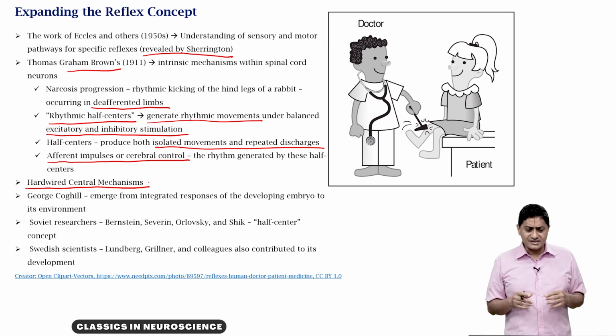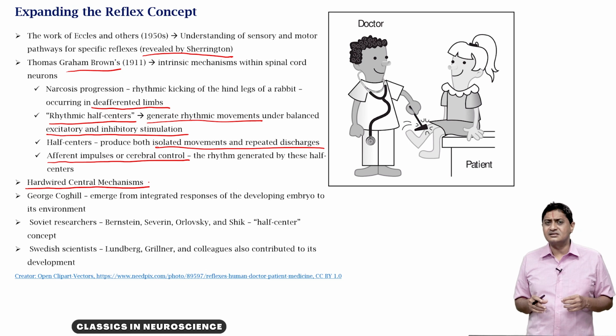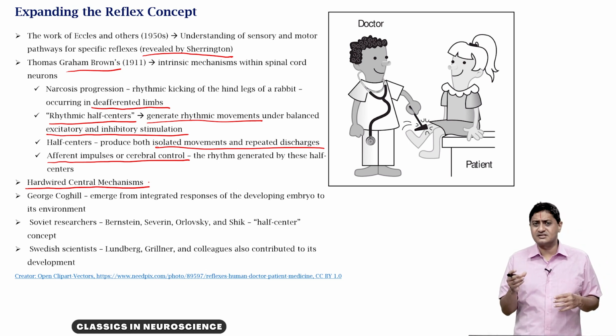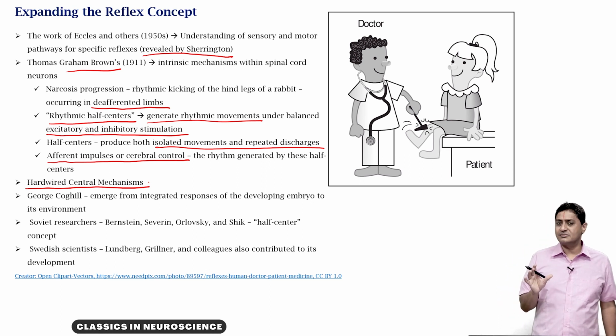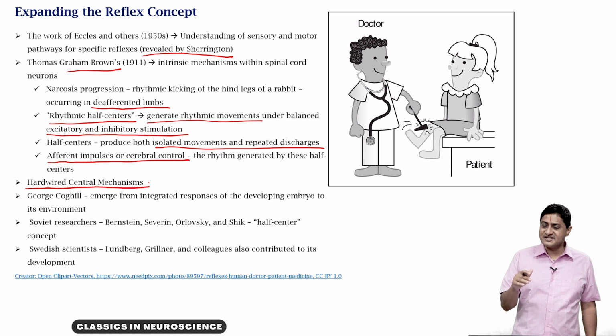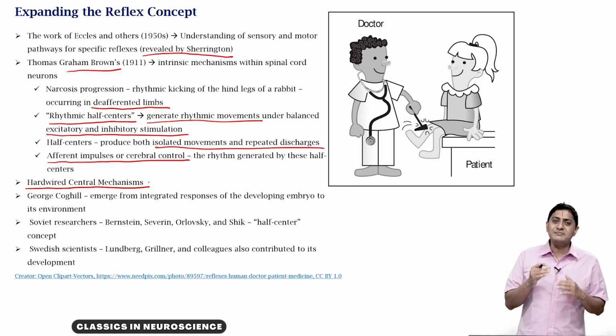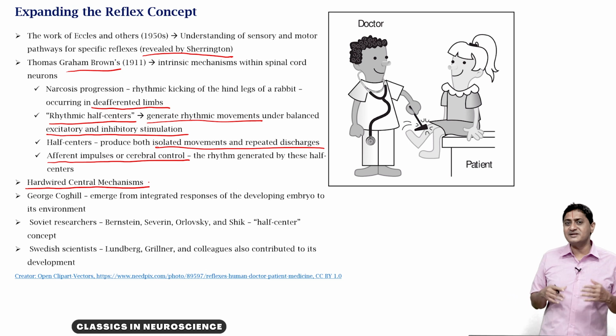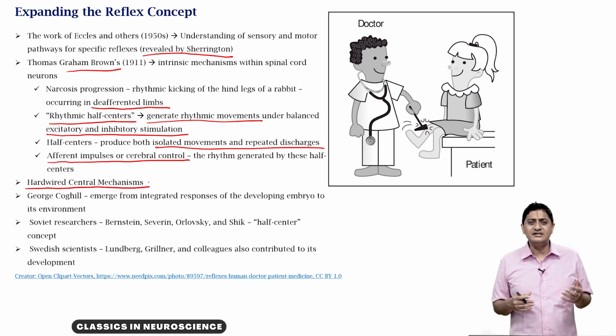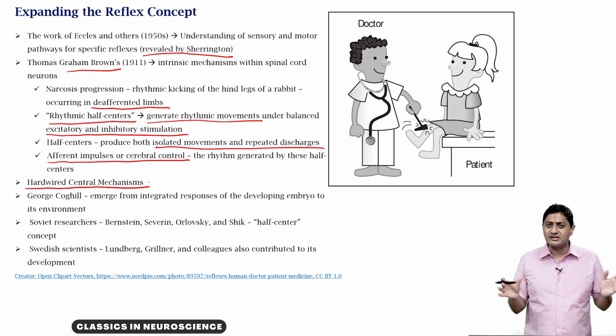These are not exactly reflex in the reflex sense of the word, that is, having a delay less than 50 milliseconds, but these are hardwired central mechanisms. But when we say central, we restrict ourselves to the spinal cord and interaction that happens between different segments within the spinal cord. At best, these are some sort of intersegmental, contralateral type of reflexes.